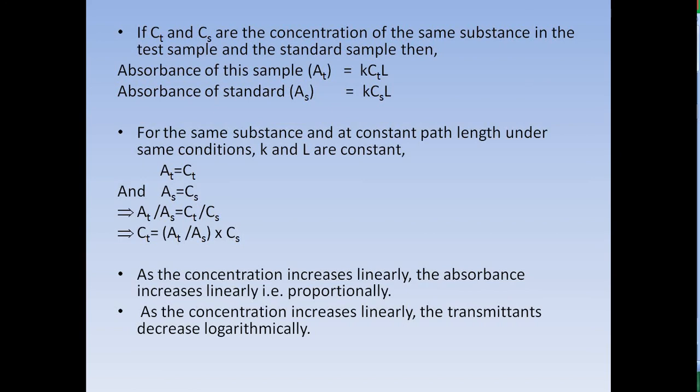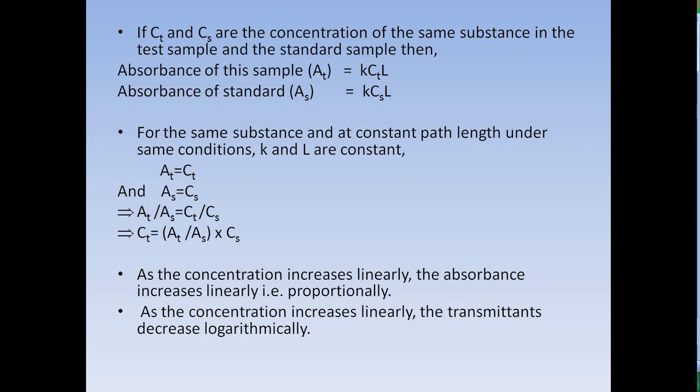CS is the concentration of the standard. Now for the substance at a constant path length under the same conditions, K and L are constant. We take L as constant because, say, in the cuvette the diameter is 1 centimeter, so it's constant for both.